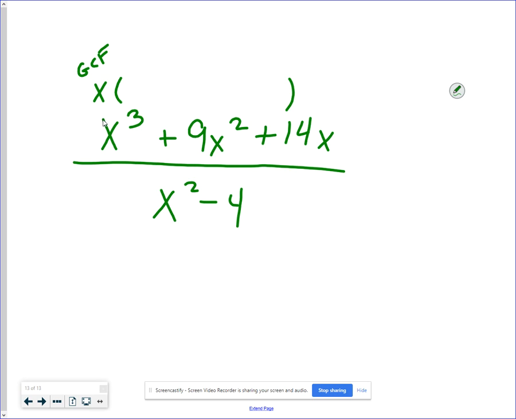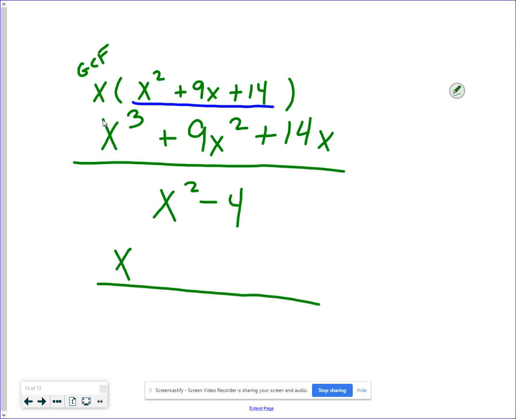So the top becomes x times the quantity x squared plus 9x plus 14. Now I have to see if this can be factored again. On top, we got x, but that part I underlined can be factored again.